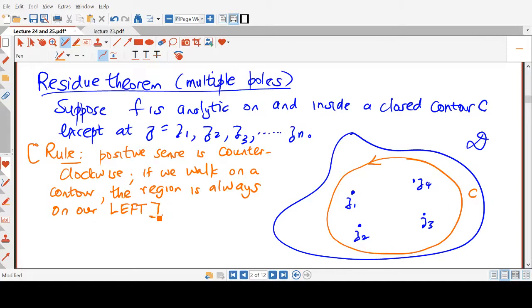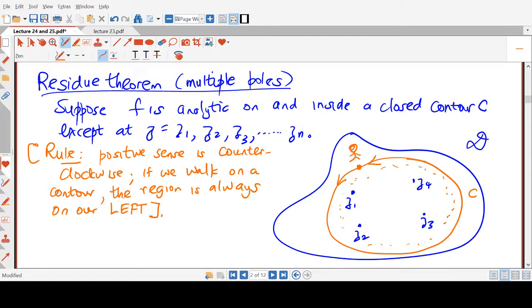This is a convention. So if you walk on a contour, let's say you're walking here, if you're walking in that direction and you look to the left, you see the region. The region is this part here, the inside of it, on your left.